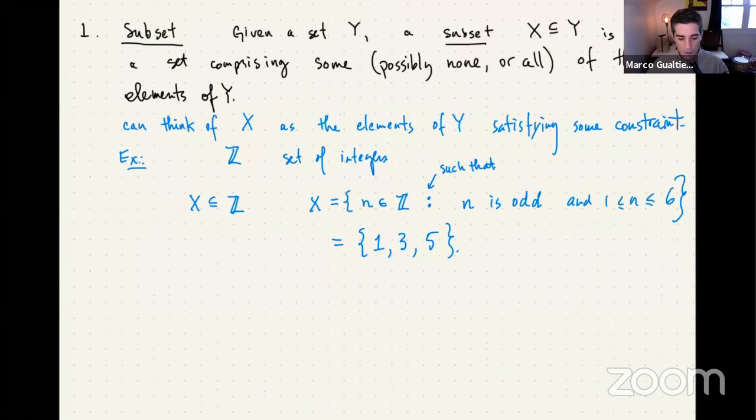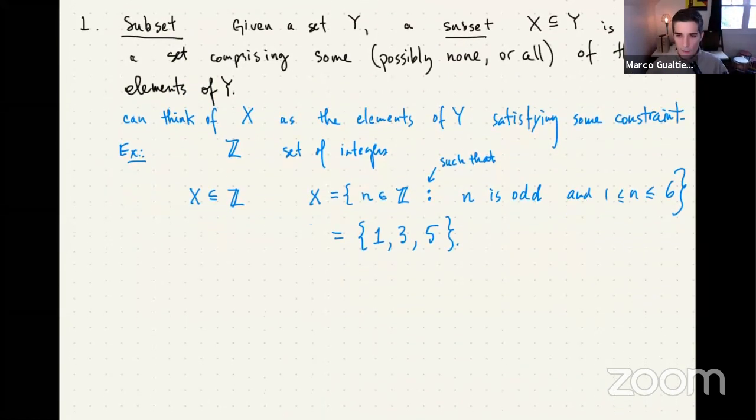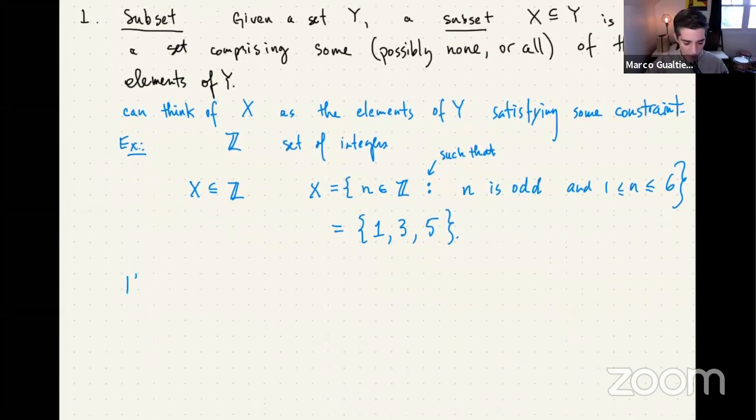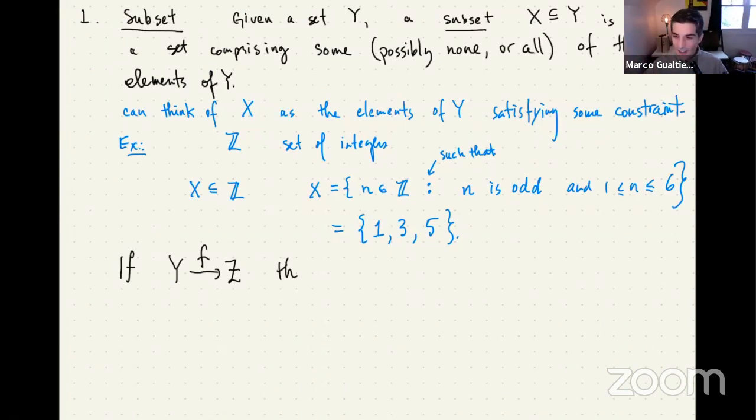And the other thing to keep in mind about subsets is that if we have a map from Y to some other set Z, and if X is a subset of Y, then it's possible to take the map and restrict it to the subset.